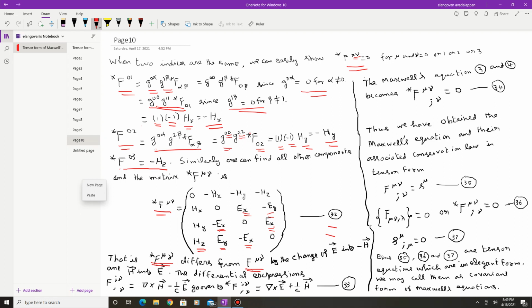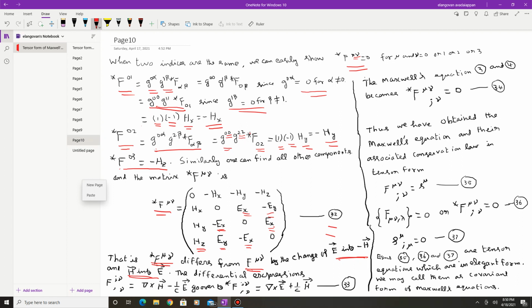If you just compare, you will find that the components of E in your F mu nu matrix are changed into minus H, and the components of H in the F mu nu matrix are changed into E. So you compare the two matrices, and you will find that the E components in F mu nu are changed into minus H, and H components are changed into E components in the dual matrix.